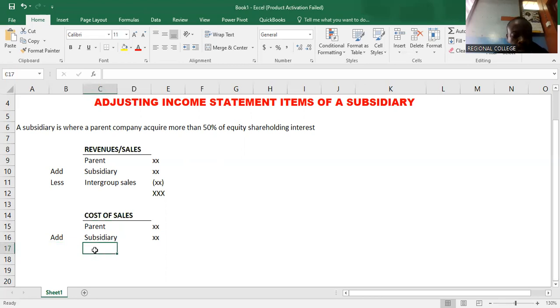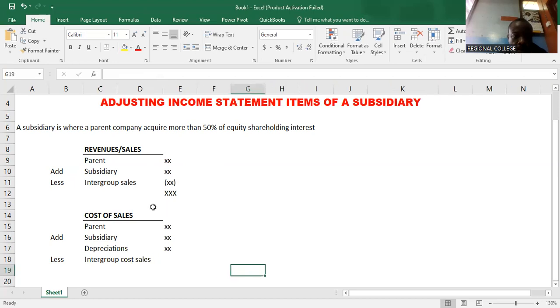Then you check if there is depreciation, so you add the value of depreciation from your assets, the PPE. Then you less intergroup cost of sales.